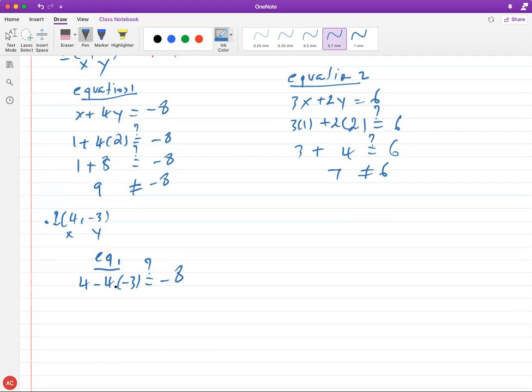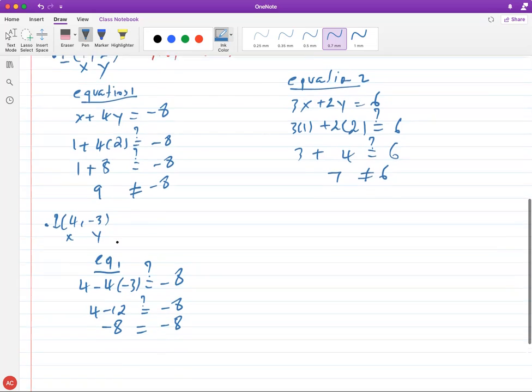We're going to start with the multiplication first. Negative 4 times negative 3 is negative 12. We have 4 here. And again, we say, is that equal to negative 8? What's 4 take away 12? Everybody, what is 4 take away 12? Negative 8. And it's in fact negative 8.